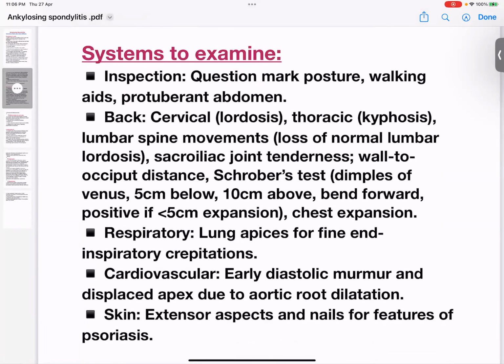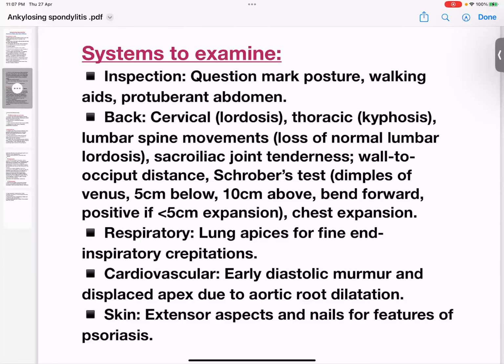Systemic examination. So the patient will be in question mark posture. This is because of hyperkyphosis. Walking aids. Protuberant abdomen. Protuberant means curved, so the abdomen will be swollen. Cervical lordosis and thoracic kyphosis.